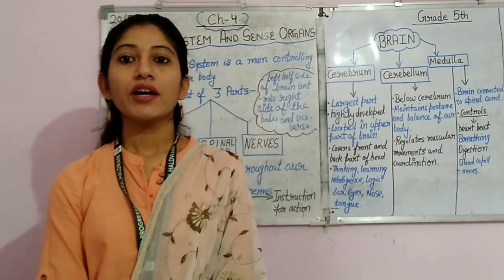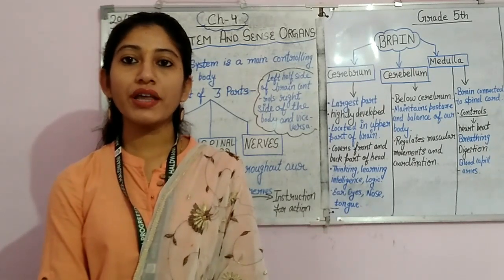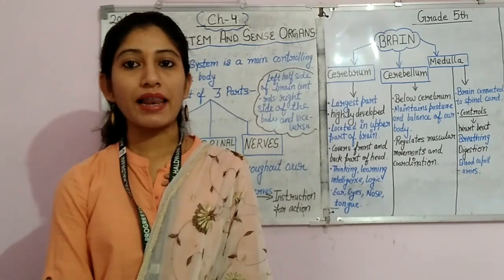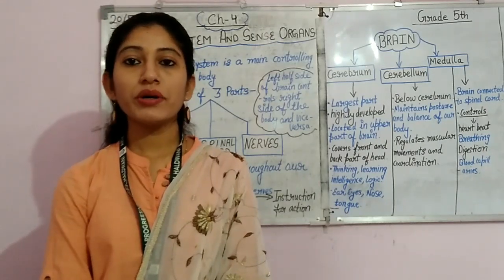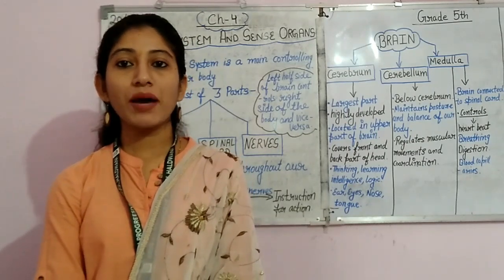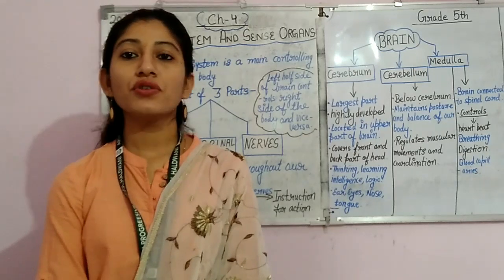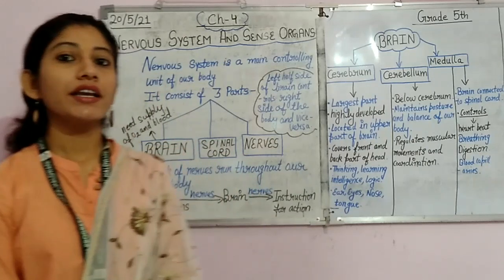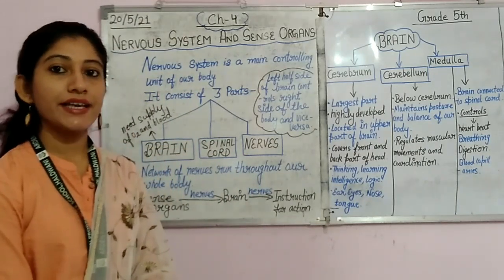So students, as you all know, we have completed our chapter number 3, skeletal system. Now it's time to start our new chapter, chapter number 4. The name of our new chapter is Nervous System and Sense Organs.